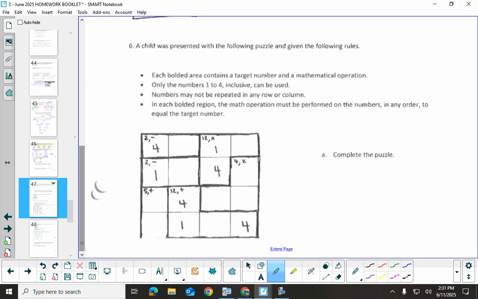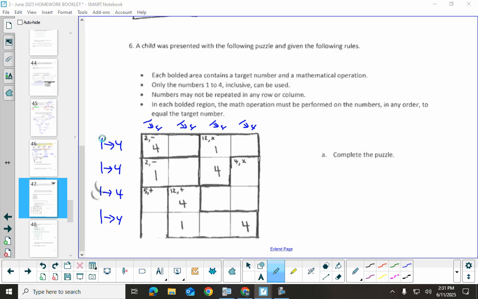In each bolded region, the math operation must be performed on the numbers in any order to equal the target number. Okay. So within each row and column, you have to have the numbers 1 to 4. Okay? And numbers can't be repeated.